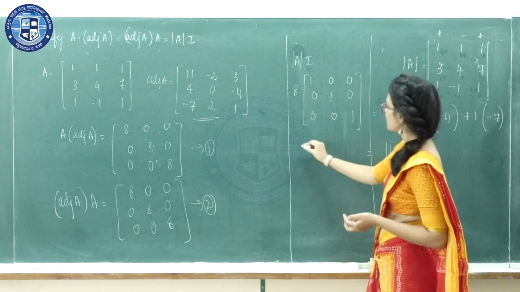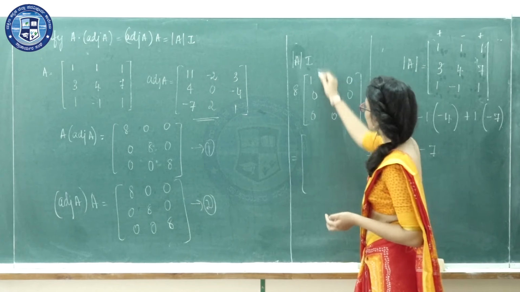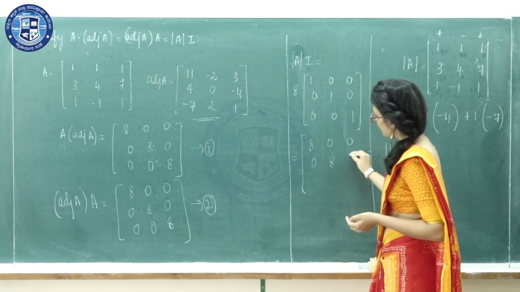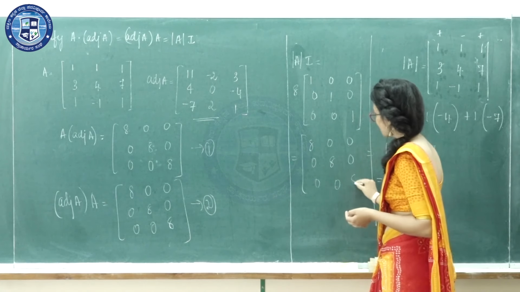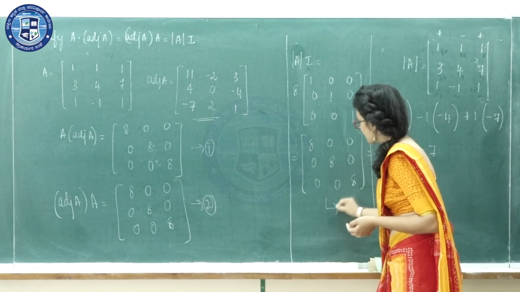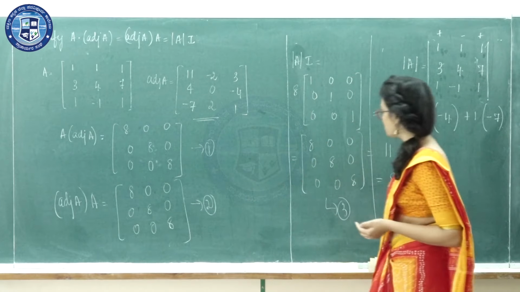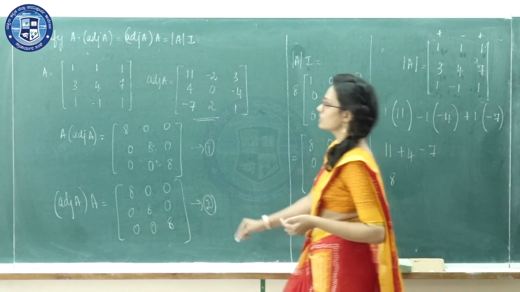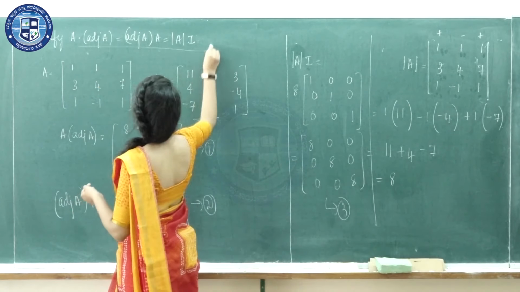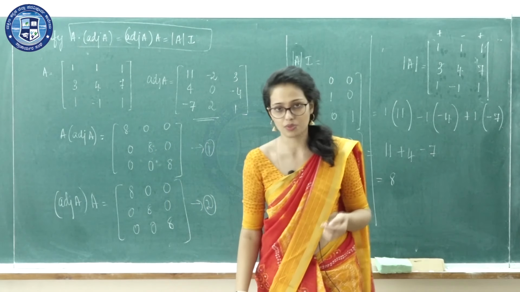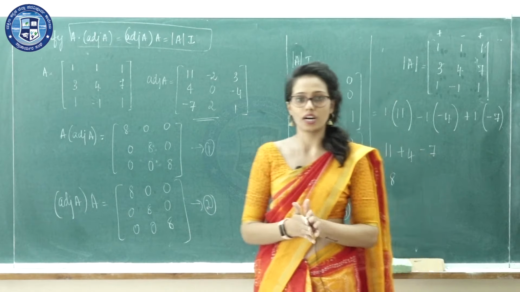So, we get 8 0 0, 0 8 0 and 0 0 8. Let us take this as equation 3. So, from equation 1, equation 2 and equation 3, we can conclude that A into adjoint A is equal to adjoint A into A, and that is equal to determinant of A into I.